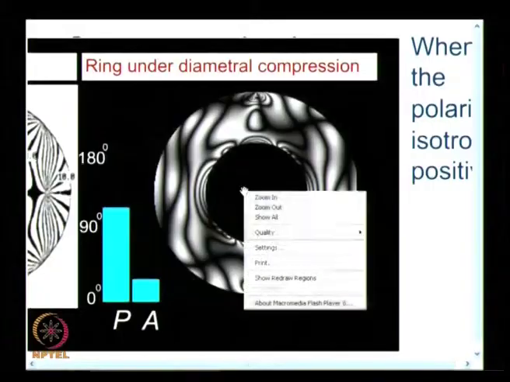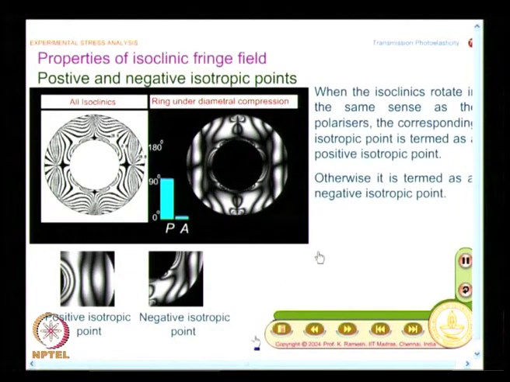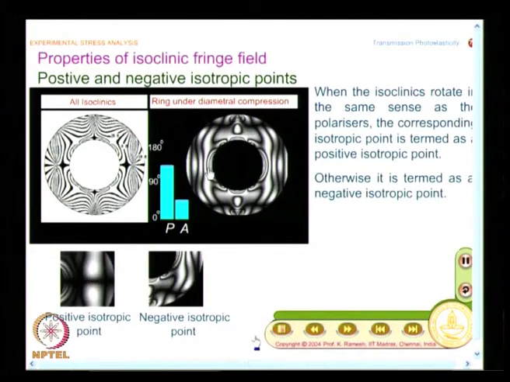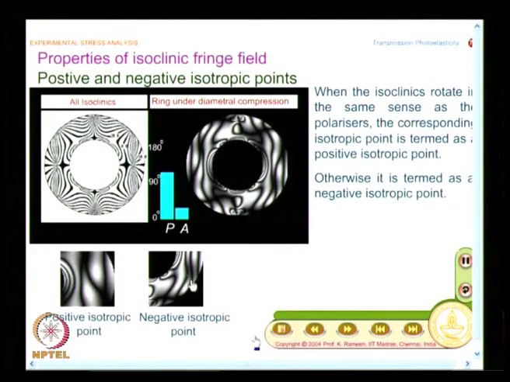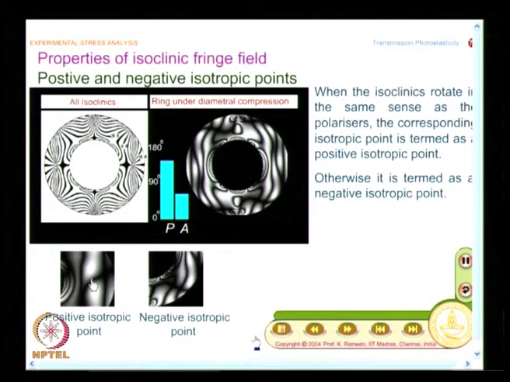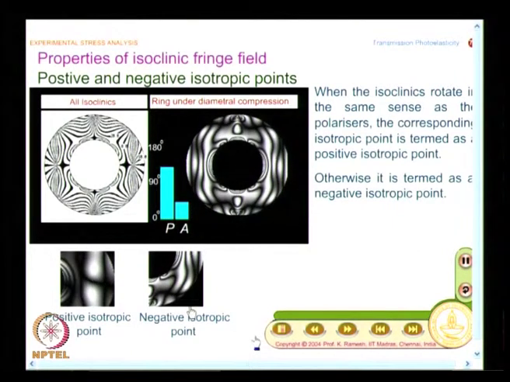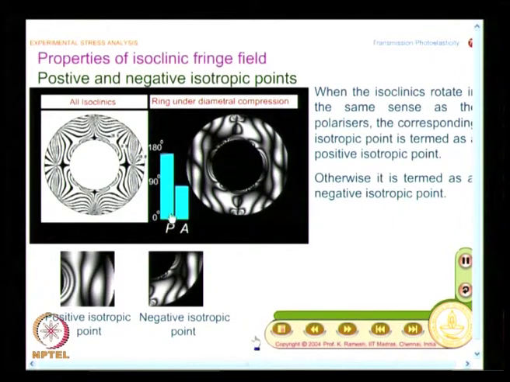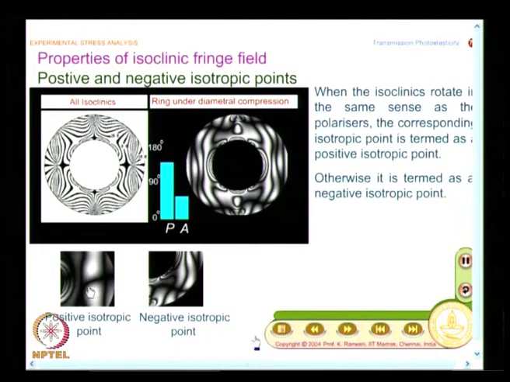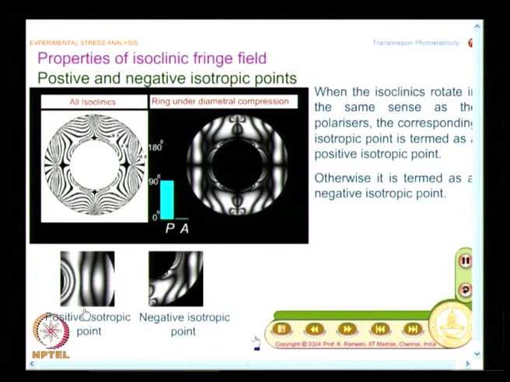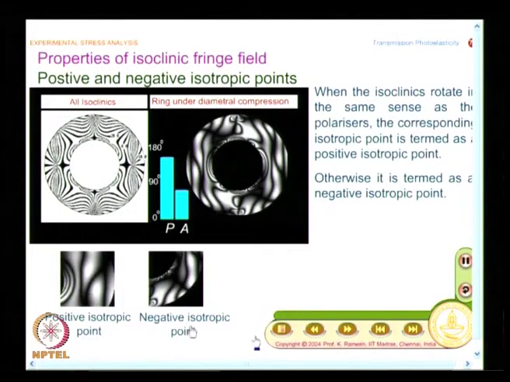And it is very interesting to know, it is better to know some of these aspects. So, I will always have these isotropic points in combination. We have seen what is a positive isotropic point, we also see what is a negative isotropic point. This is rotating anti-clockwise and this is rotating clockwise, and I rotate the polarizer analyzer combination in an anti-clockwise fashion. So, when that sense and this sense match, I call that a positive isotropic point, I call the other one a negative isotropic point.